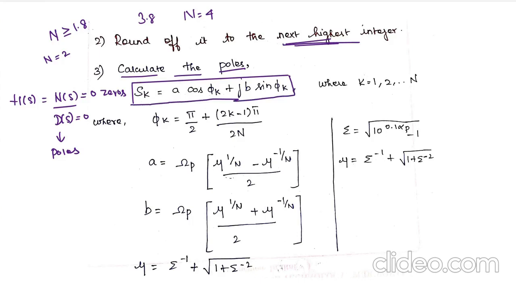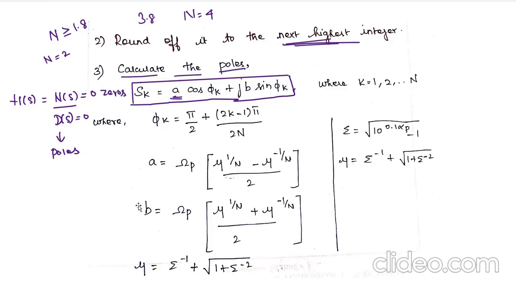For phi k, the formula is pi by 2 plus (2k minus 1) into pi by 2n, and for a there is a separate formula, that is omega p times (mu power 1 by n minus mu power minus 1 by n) by 2, and for b it will be similar, but here it is minus so it will become plus.